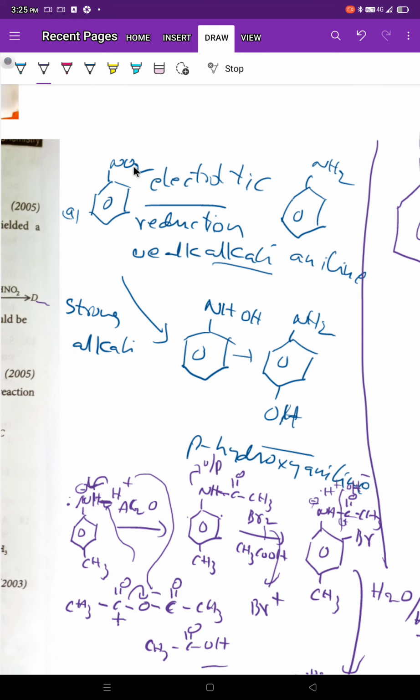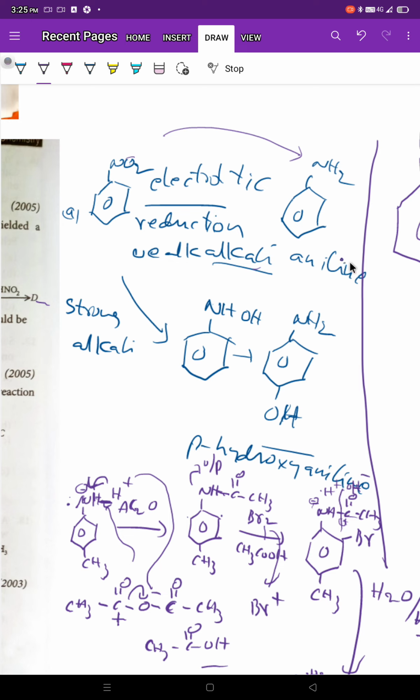On electrolytic reduction, nitrobenzene is basically converted, NO2 is converted into NH2, we know. In presence of weakly acidic medium, you can get aniline.